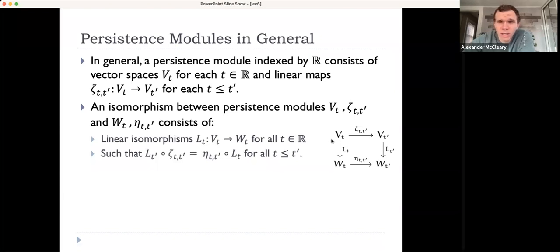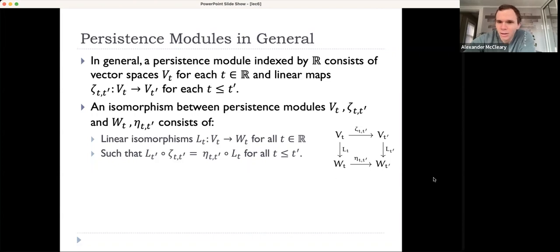But what we could have done instead is first gone from V_t to W_t with the map l_t, and then gone via eta t to t prime from W_t to W_t prime. So we can take the top path around the square, or we can take the bottom path.